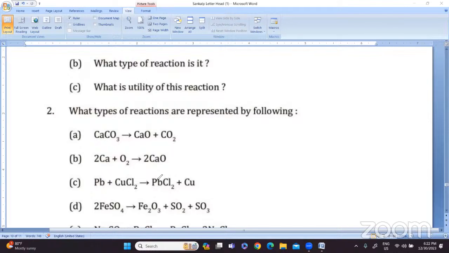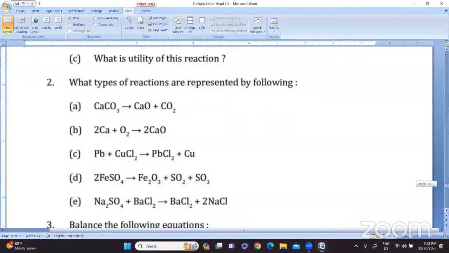C. Pb plus CuCl2 giving you PbCl2 plus copper. D. FeSO4 giving you Fe2O3 plus SO2 plus SO3. Then next, Na2SO4 plus BaCl2 giving you BaSO4 plus 2NaCl. These questions are based on the types of chemical reactions. So 5 reactions, 5 marks.